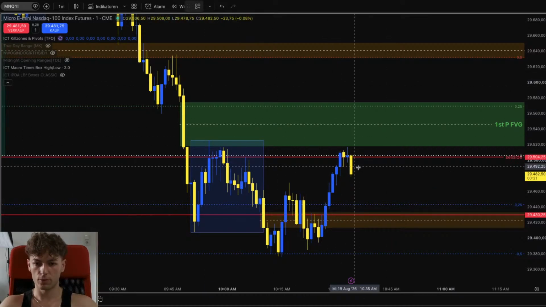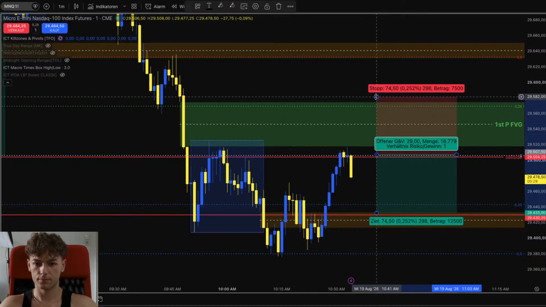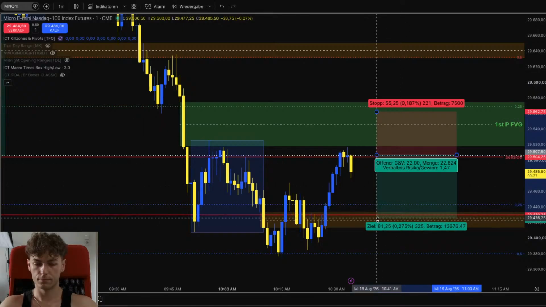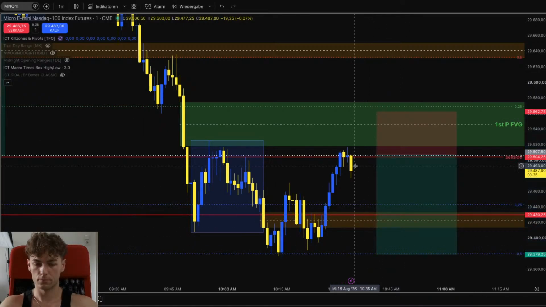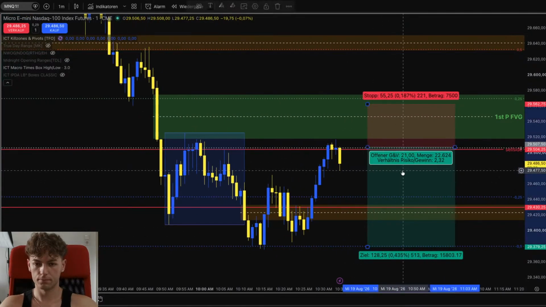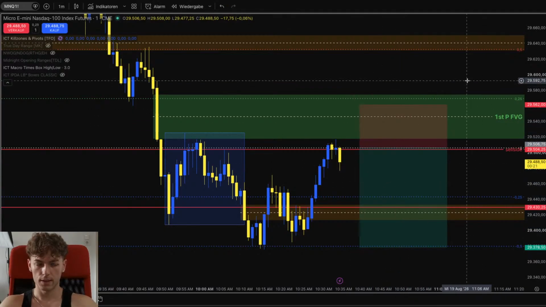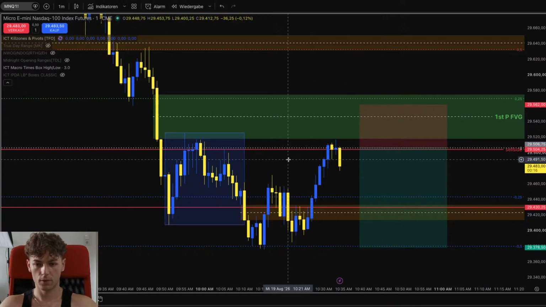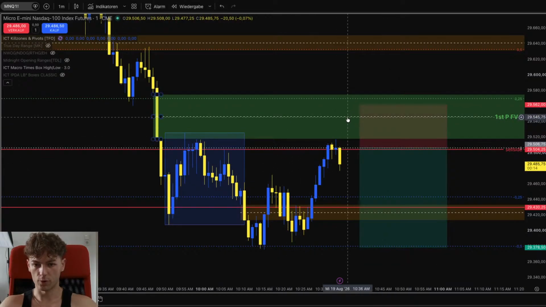So we want to look for a short. Let's see. Come on, give me a deeper retracement into the first fair value gap and take out this high.